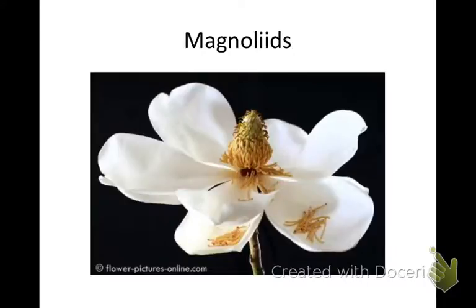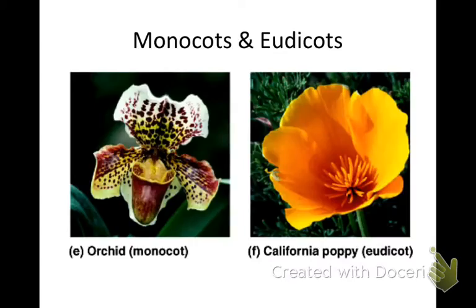Awesome sauce. So, there are basal angiosperms. We don't really talk about those. Magnoliids, which are magnolias. They are actually evergreens, unlike most angiosperms, but we call them an angiosperm because they produce flowers. Monocots and dicots, sometimes called eudicots.